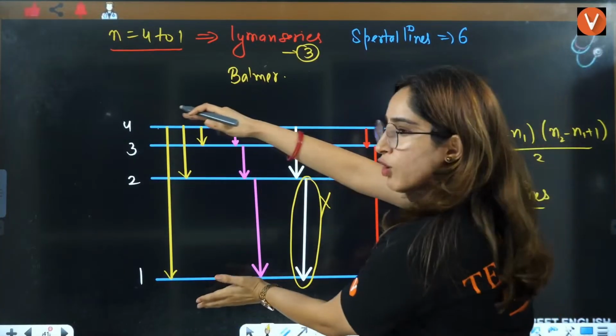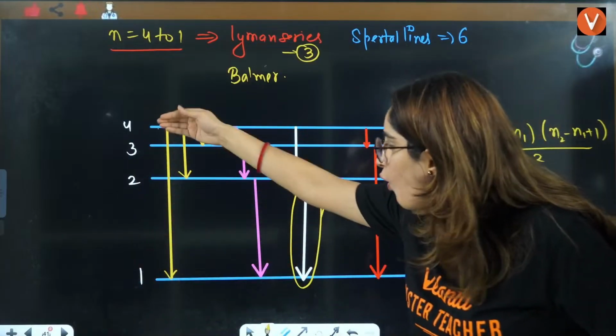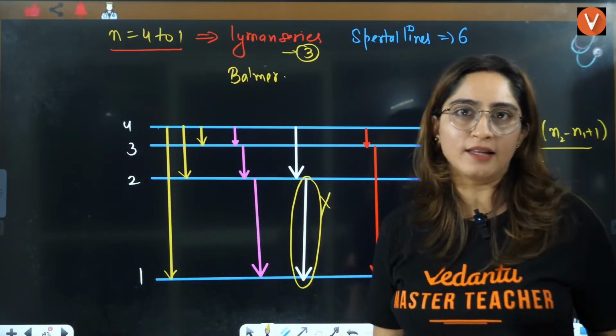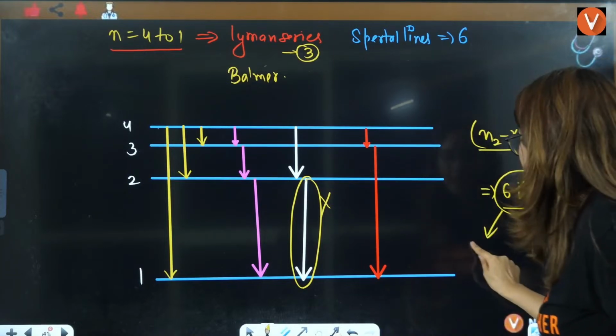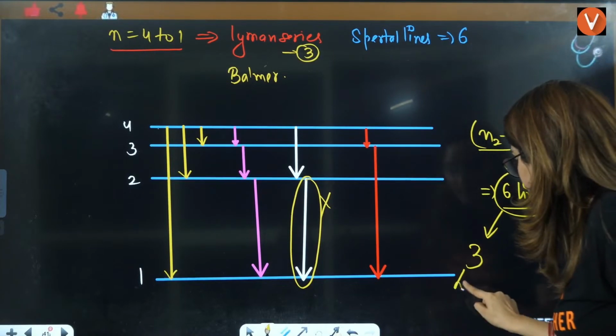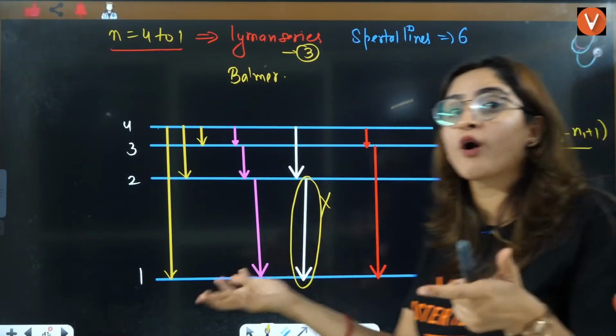This is the set of lines that you have. In these 4 to 1, you have a total of 6 lines. Out of these 6 lines, 3 lines belong to Lyman series. So specific means they are asking you which belong to Lyman.